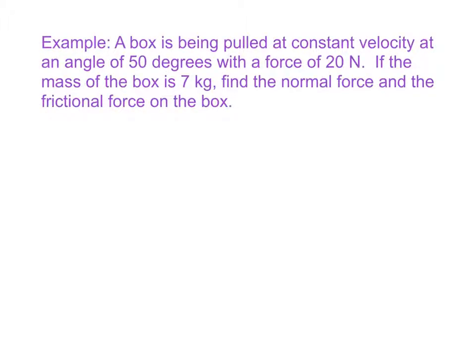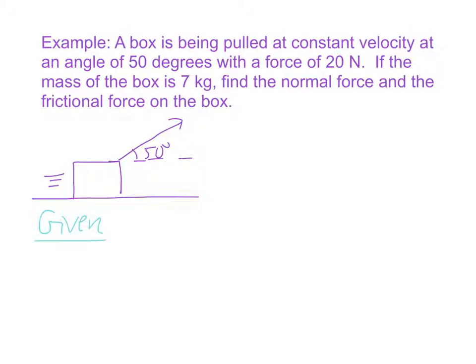This is a pretty simple diagram. Here's the box. It's being pulled. We can assume it's being pulled by a rope, moving at a constant velocity at a 50-degree angle. Given: we know that theta is equal to 50 degrees.